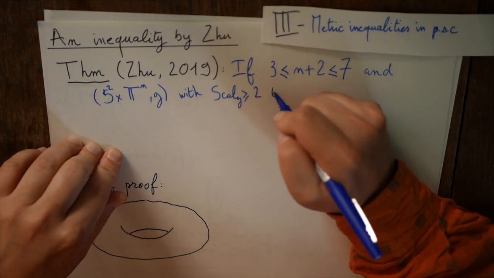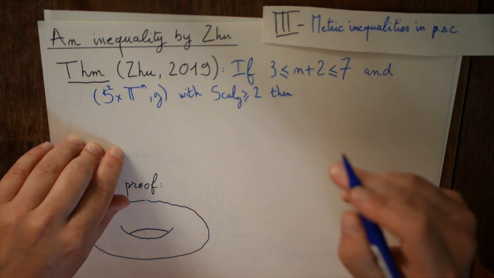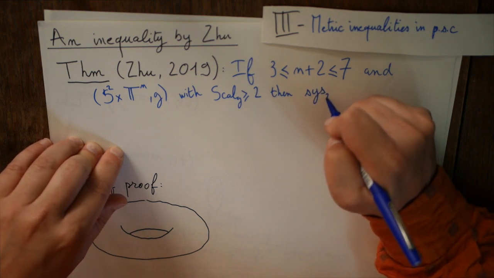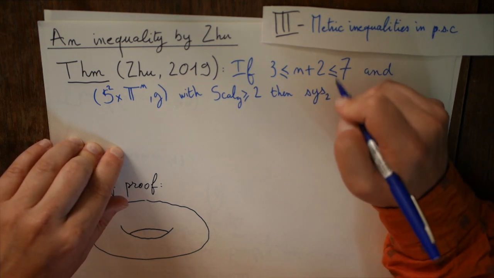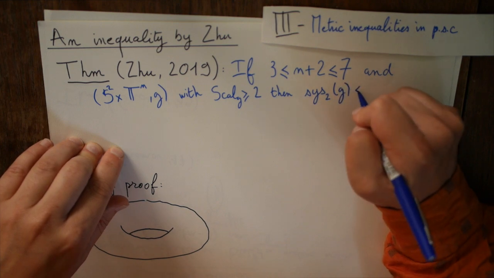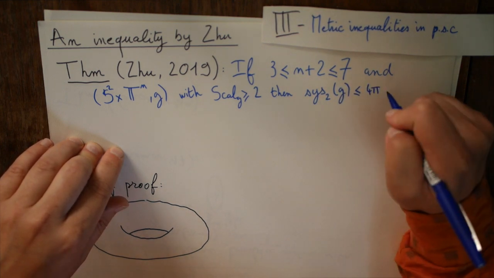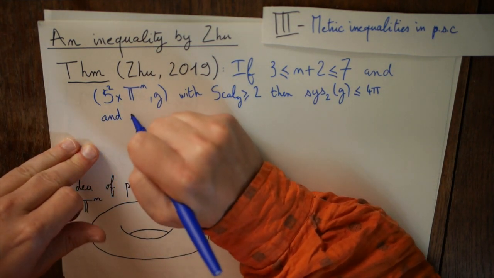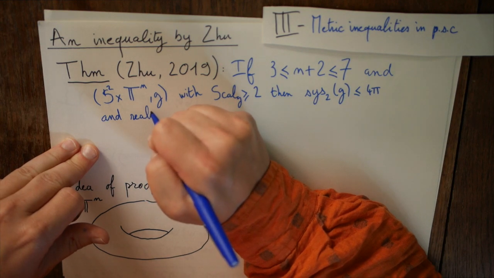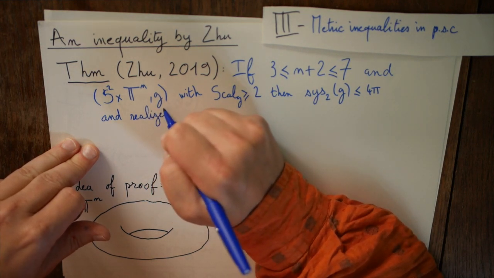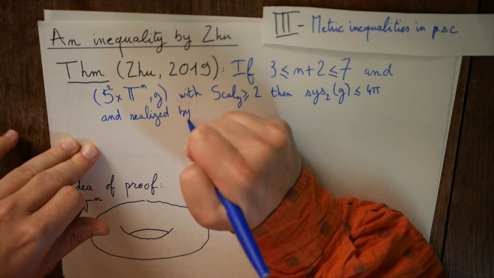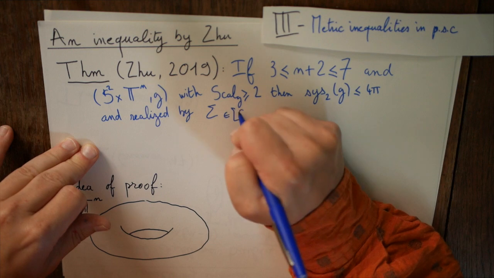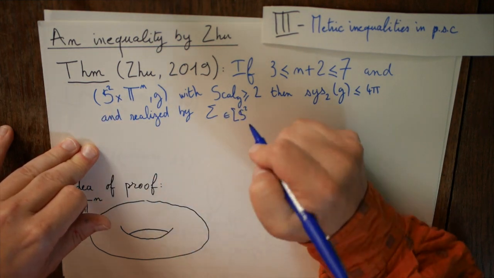Then the 2-systole of G is at most 4 pi, and moreover it's realized by a surface sigma which is homologous to this S2 factor.